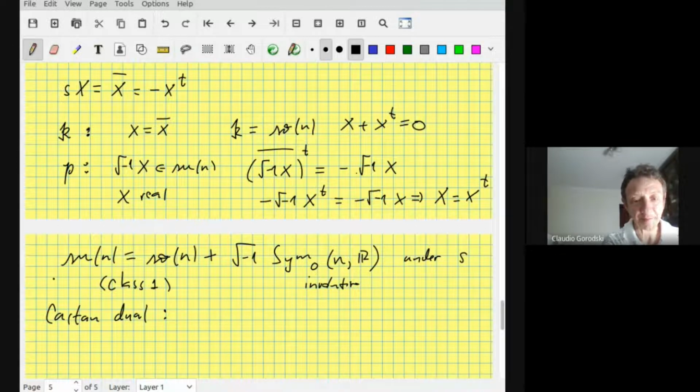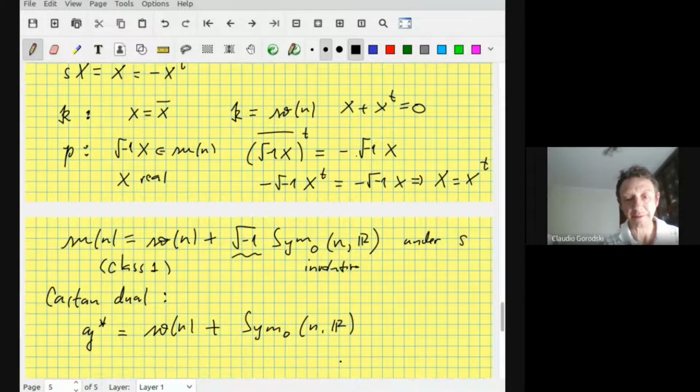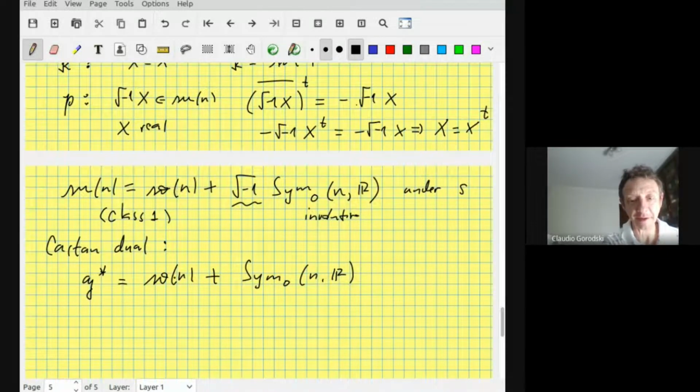G star will be, we just cancel this square root of -1, right? And therefore, we have here skew symmetric matrices, and here we have symmetric matrices of trace 0.